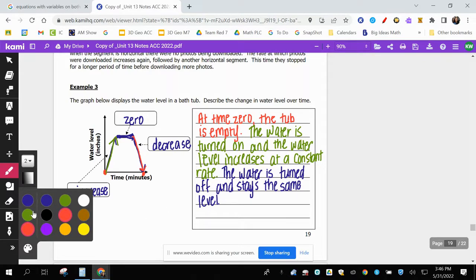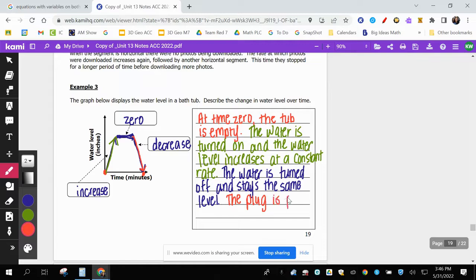So I'm going to say the plug is pulled, and water decreases at a constant rate until the tub is empty.